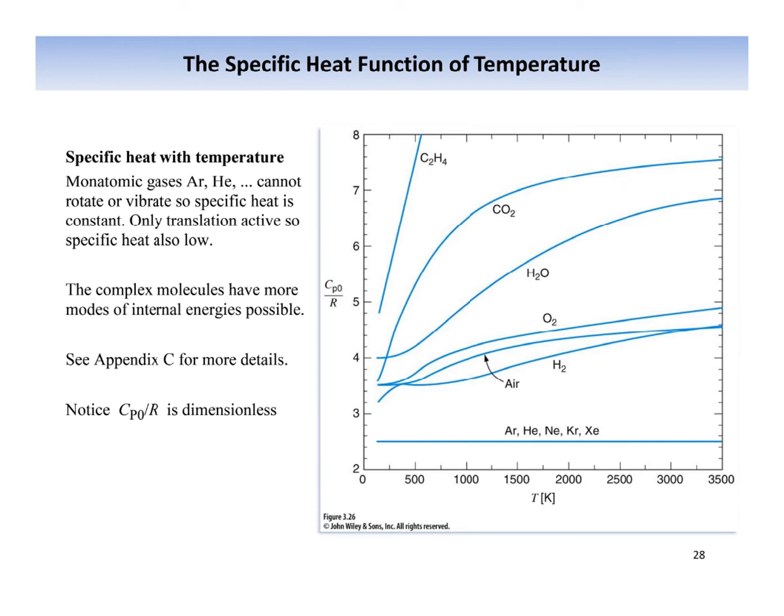It is the heat required to raise the temperature of a pure substance by 1 degree centigrade. You can see that we are talking about water, and if we talk about this temperature, this is the specific heat, and if we talk about 2000 degrees centigrade, then this is the specific heat.